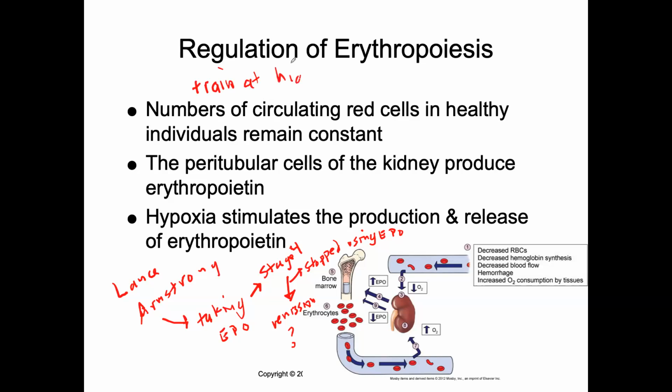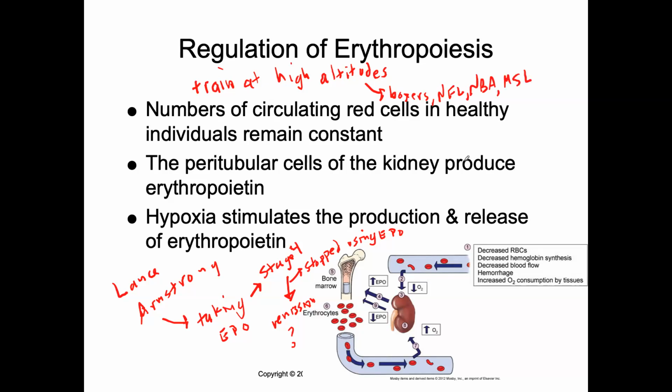The reason this works is because when you train at high altitudes, your erythropoietin production goes up and your crit goes up. Athletes that do this include boxers, people in the NFL, people in the NBA, people that play soccer.